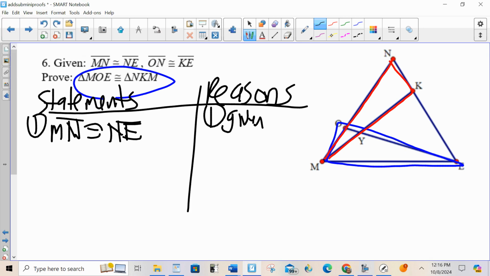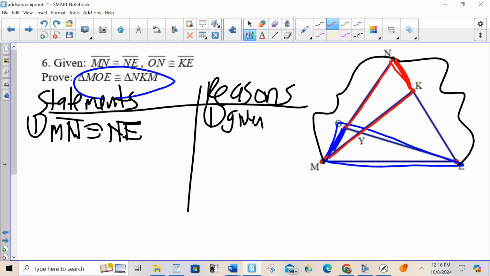Now, it's a little misleading because MN is the side of the red triangle, but NE is not the side of the blue triangle. So that does not count as one of the sides of the triangles I'm trying to prove. But if I look at this blue side, MN is part of that blue side, and NE is part of this red side. It's too much, so I'm going to have to use subtraction. So let's just color the whole thing.